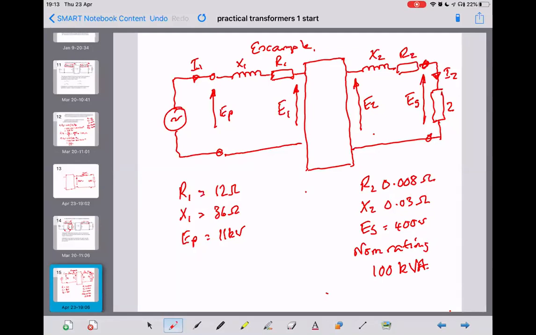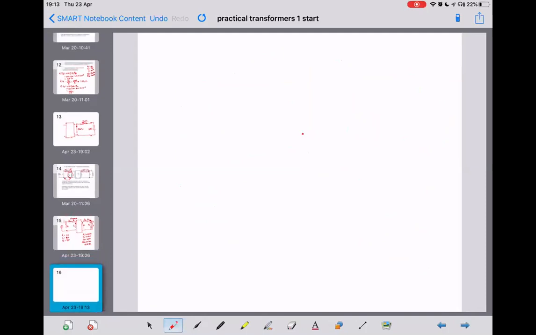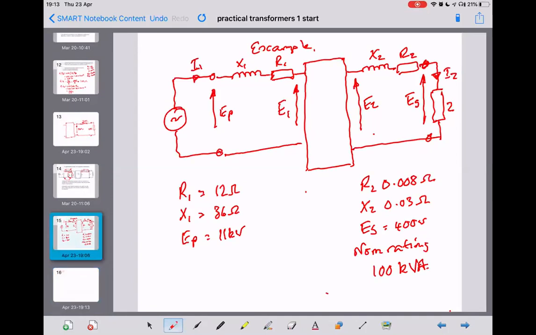So anything which is nominal is on the nameplate.